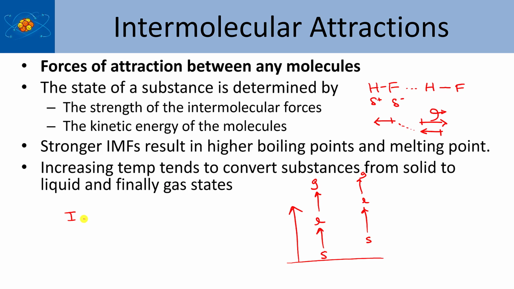Intermolecular forces, and I'm just going to abbreviate it IMF, are determined by structure. And this is where it becomes important that you understand how to draw a Lewis structure. If we want to know the structure, we're going to do a Lewis structure.